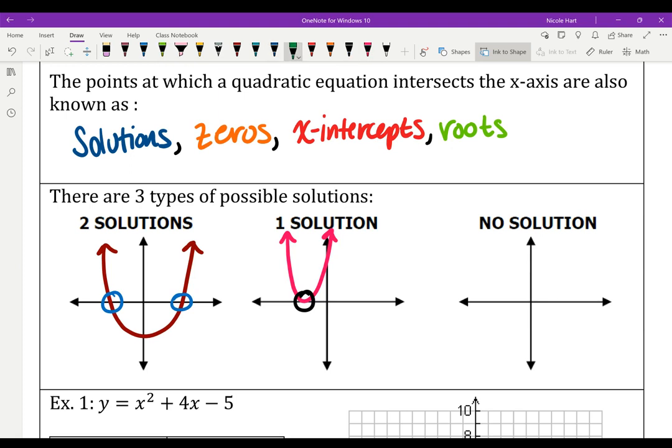Or we could have a situation where we have no solutions, where our graph never reaches the x-axis, so it never touches. And these graphs could be upside down, with whichever direction they are pointing. It doesn't matter. It just matters if it crosses the x-axis.